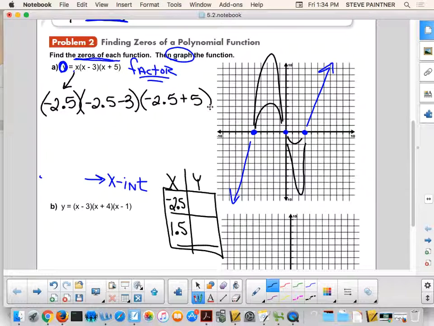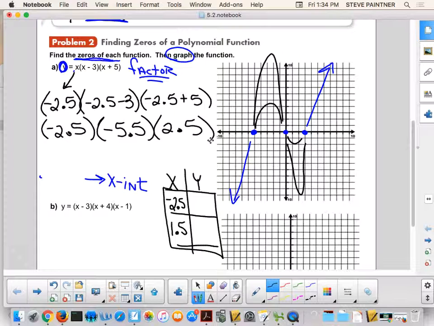Okay, you guys, you see what I did? I stuck the negative 2.5 in for that x, that x, that x. And here's what I'm getting. I'm basically getting this number times this number times this number, right? That's all it is. Now you could just type this into your calculator, use your parentheses.